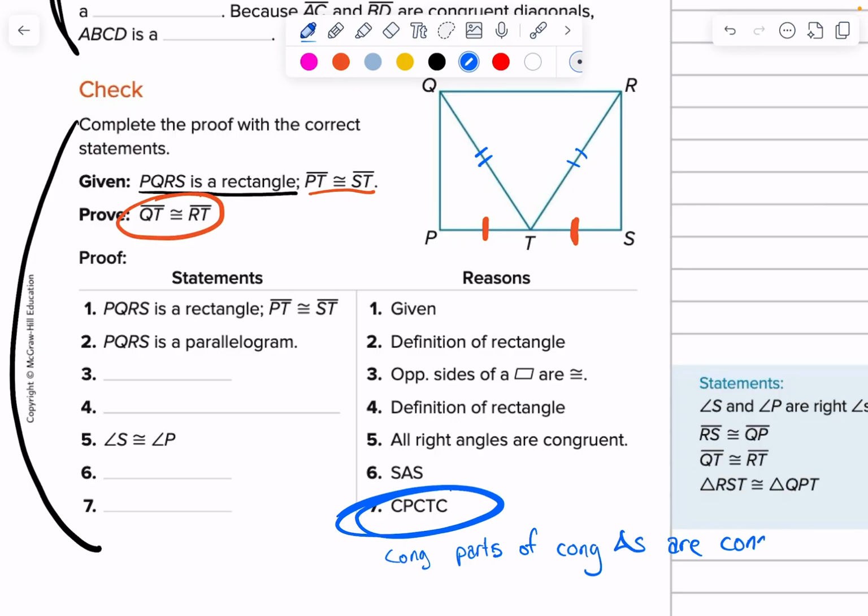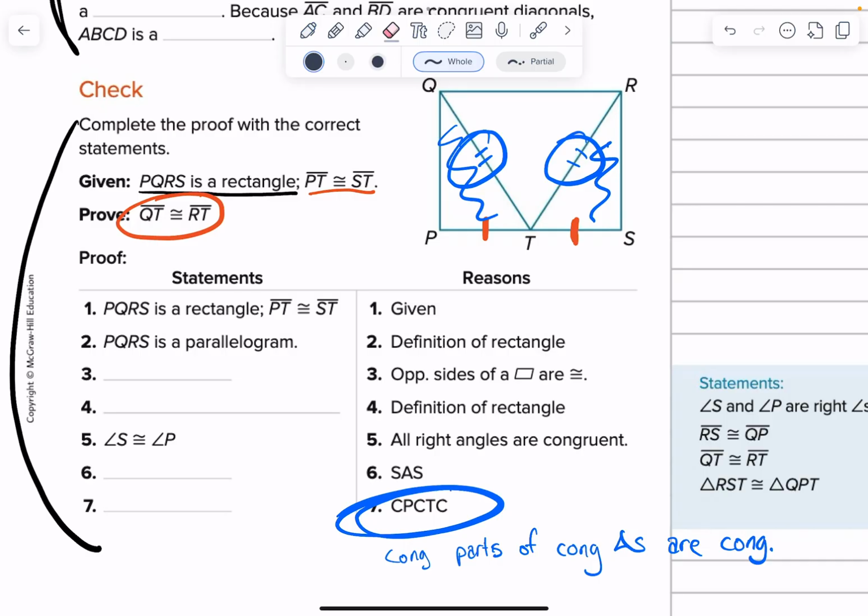That's a lot of the word congruent, but CPCTC. If these triangles are congruent, then their matching parts will be congruent as well. Okay, so that's what that says. That's CPCTC. So I am looking at these two triangles and trying to figure stuff out.